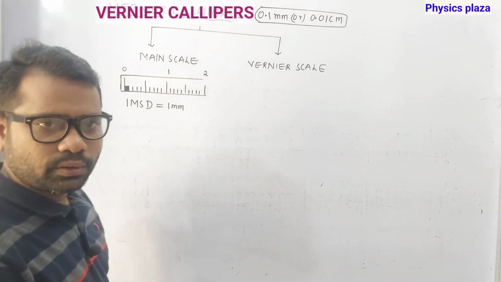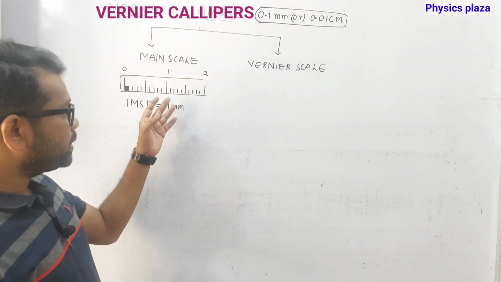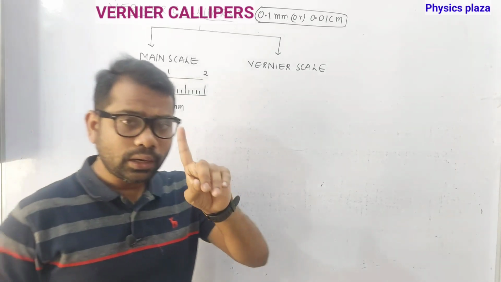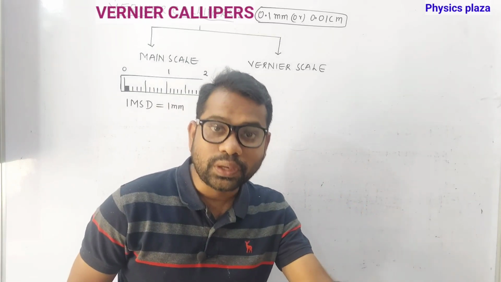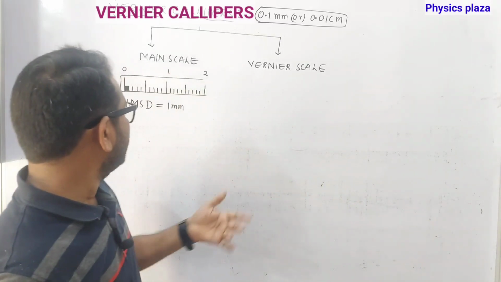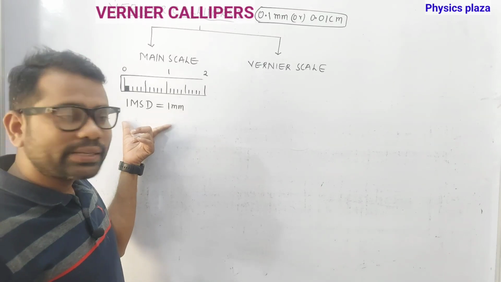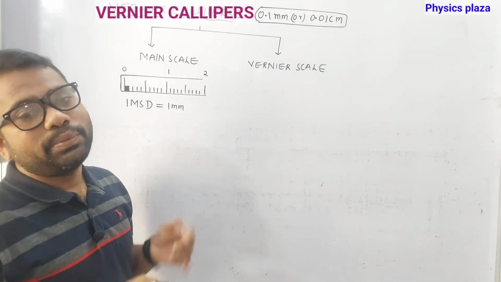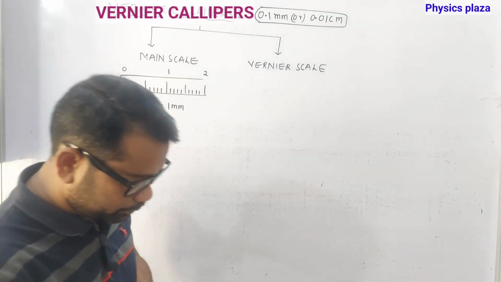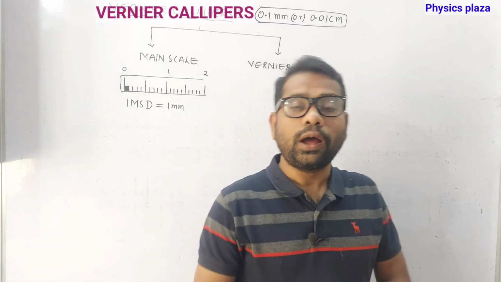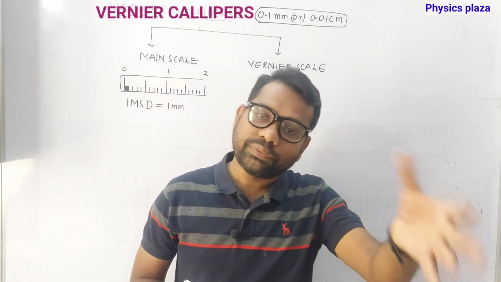Which means that by using this main scale, you can measure length up to 1 millimeter only. Is it clear? Fine.